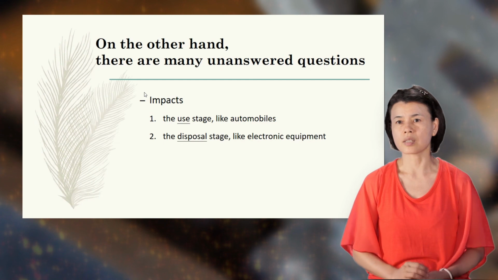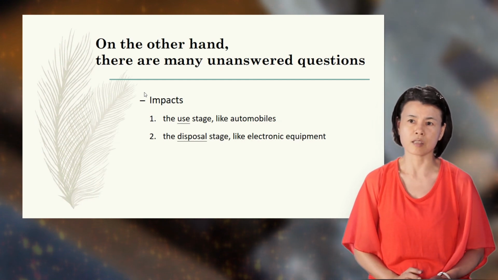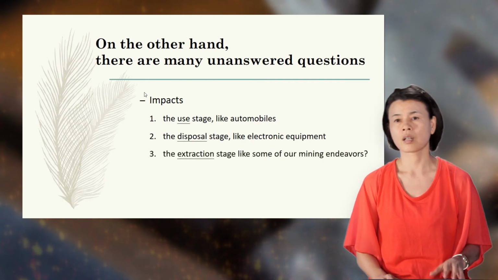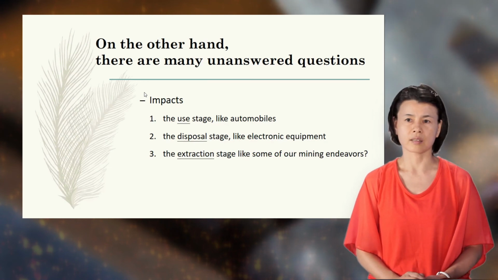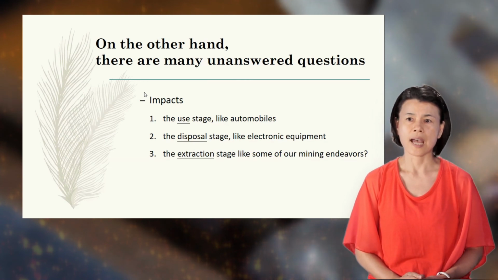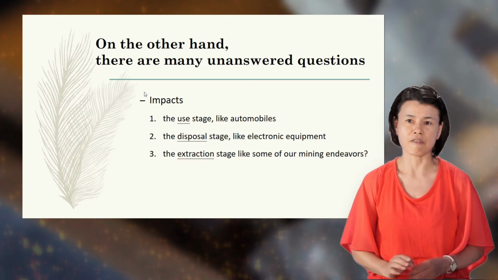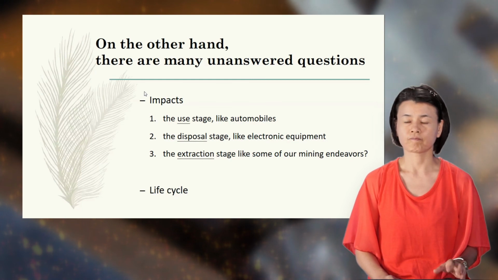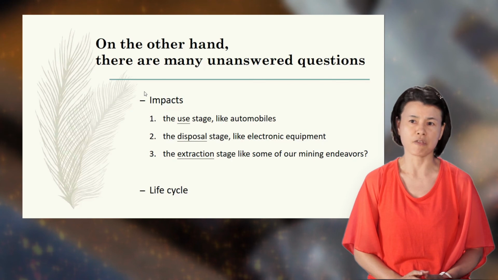When nanomaterials are disposed, are there any impacts at the disposal stage, like electronic equipment? Or, when nanomaterials are extracted, are there any impacts at the extraction stage, like some of our mining endeavors? Life cycle: how long is the life cycle of the nanomaterials that affects people?